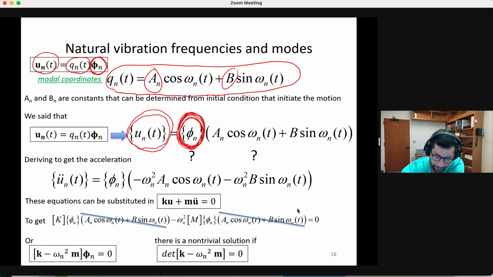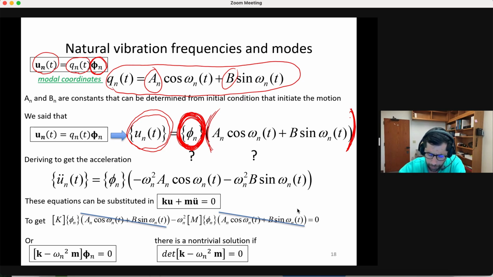I want to find this vector, which is the vector of the mode shapes, and then I need to multiply times the modal coordinates. The modal coordinate, we understand, must be an cosine omega nt plus bn sine omega nt, which is also the solution for a single degree of freedom system under free vibration.